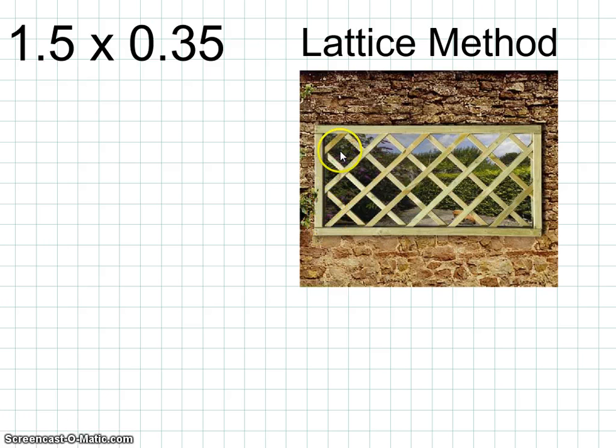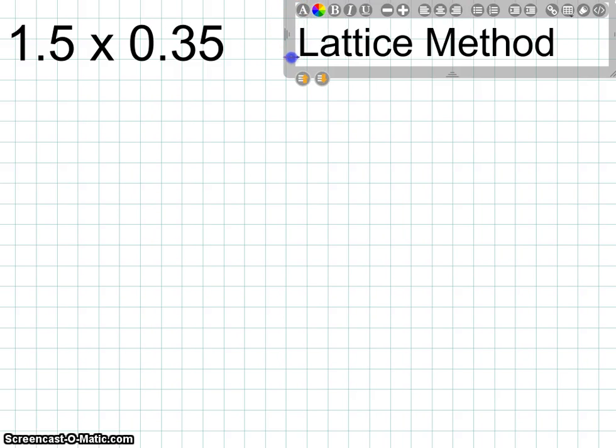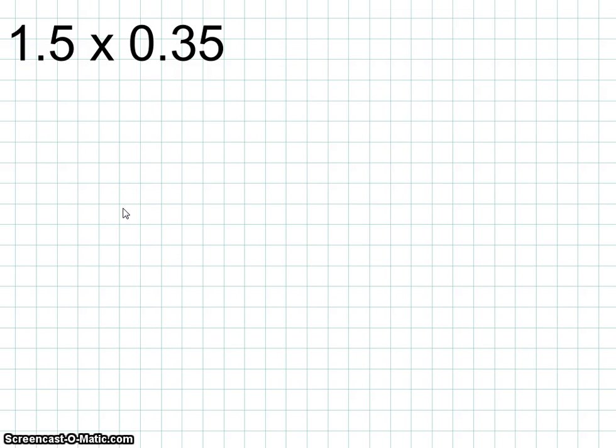And you can see that there are open spaces between the strips, and you can see the open spaces kind of form a diagonal pattern, right? So that's a lattice window that we're looking at in this image. Now I'm just going to get rid of these things here so that I've got more space to work on.